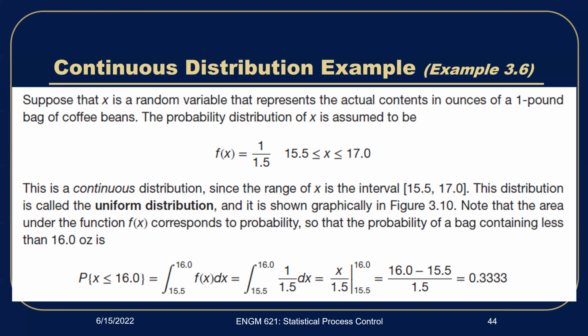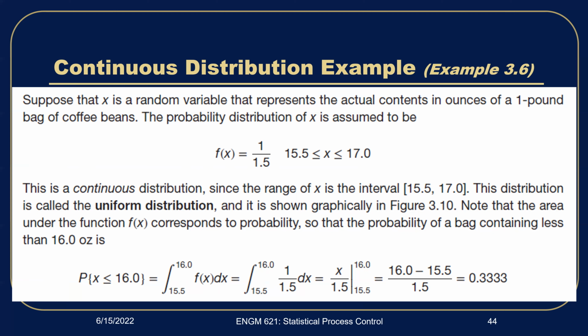This is a continuous distribution since the range of X is the interval from 15.5 to 17. This distribution is called the uniform distribution. It is shown graphically in the textbook figure 3.10.